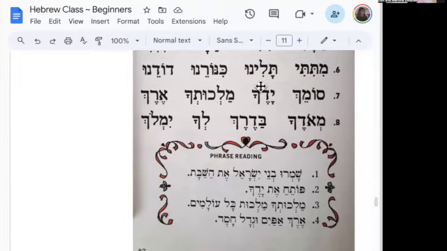It's taken from the verse in the book of Psalms: Talinu kinorenu, half of a sentence. We hung up our musical instruments on a tree when they were in Babylon, and the Babylonians asked them to sing for them by the rivers of Babylon. They said, how can we sing on a foreign land? And they just refused. They hung up their violins on the branches and did not use them at all in exile.